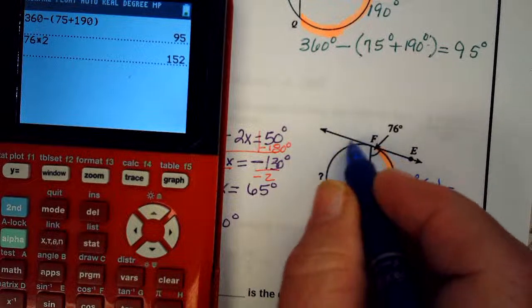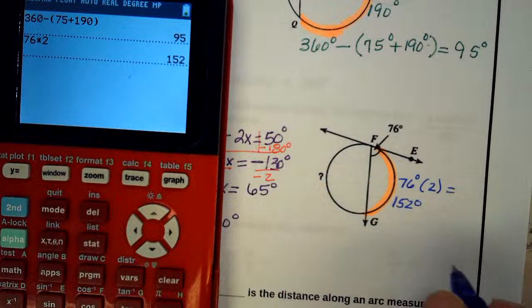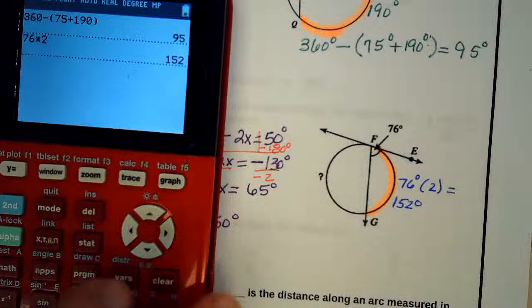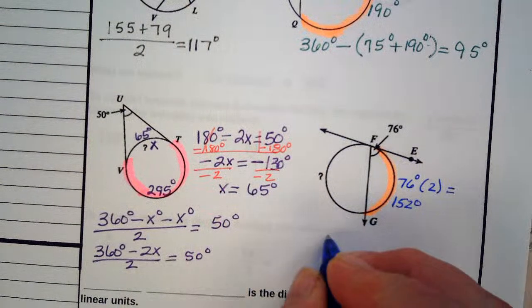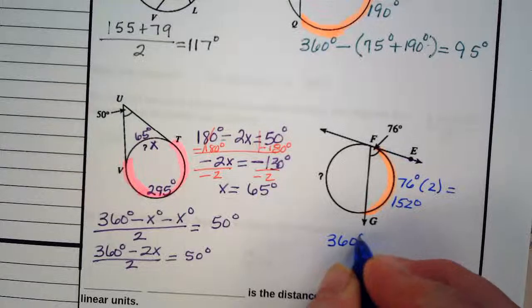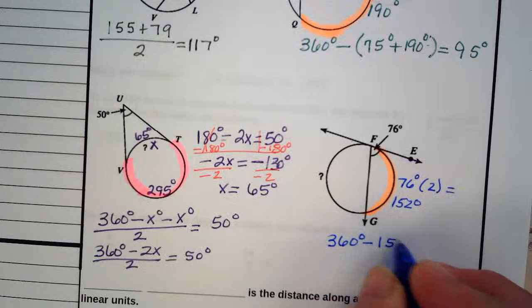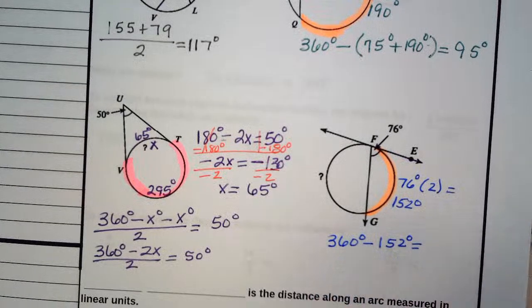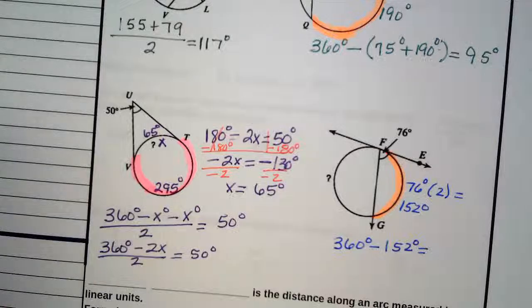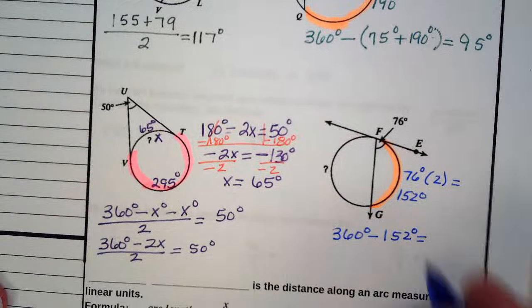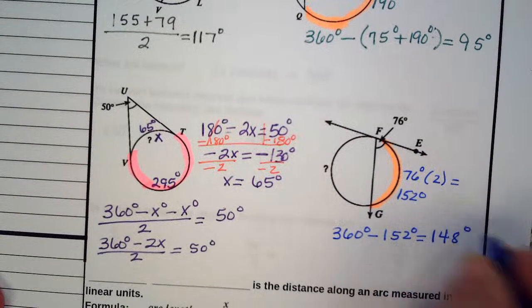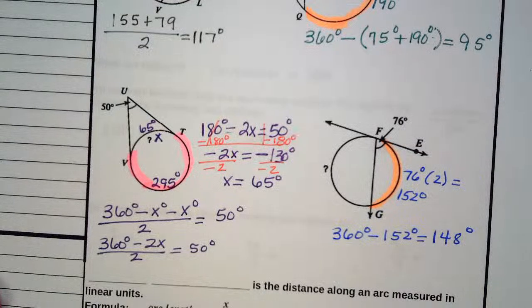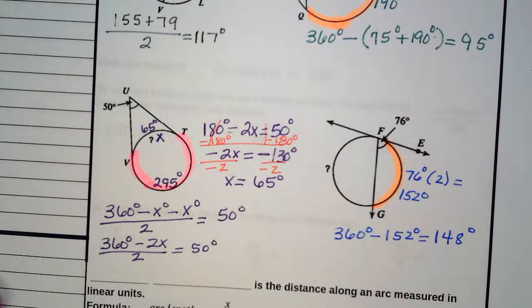But I need to find this piece over here. Well, the whole thing is 360. Now I will take 360 degrees minus 152 degrees. If it was 150, it would be cut in half. 152 means it will be 148 degrees. So your question mark is equal to 148 degrees.